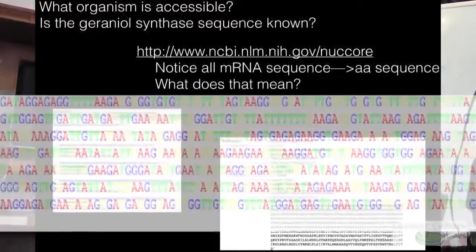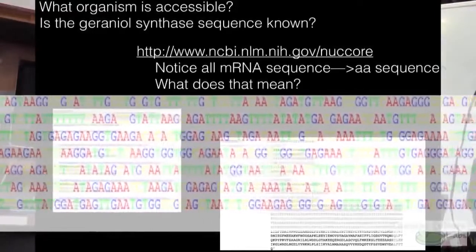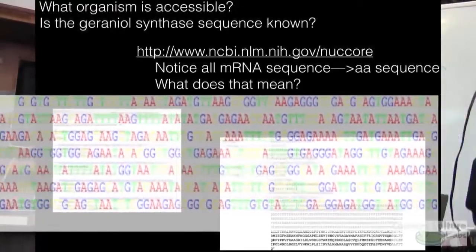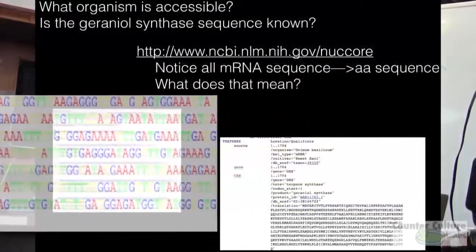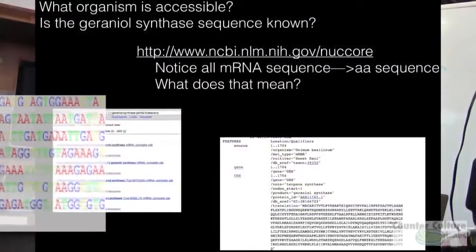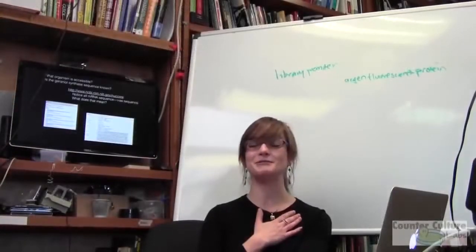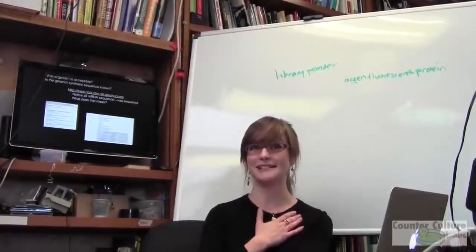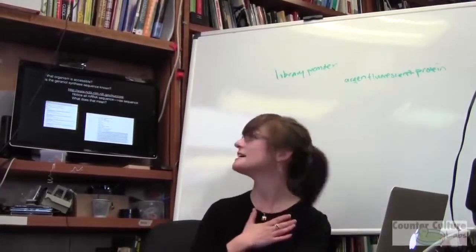You'd be able to just amplify it up, drop it into a vector, and throw it in your E. coli and express it, right? However, with plant genomes, and I'm not a plant biologist, so I'd tell you, if you want to study some genes in plants, it would be worth your while to talk to Kyle Taylor, our resident plant expert.